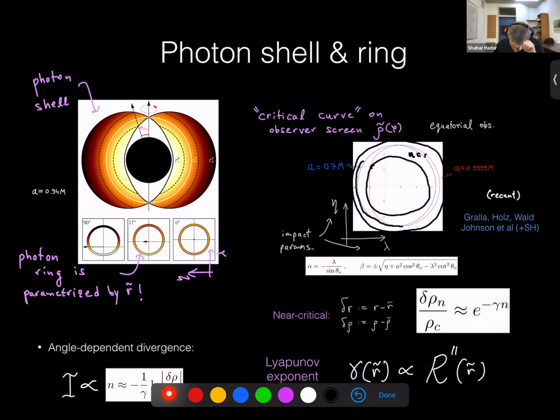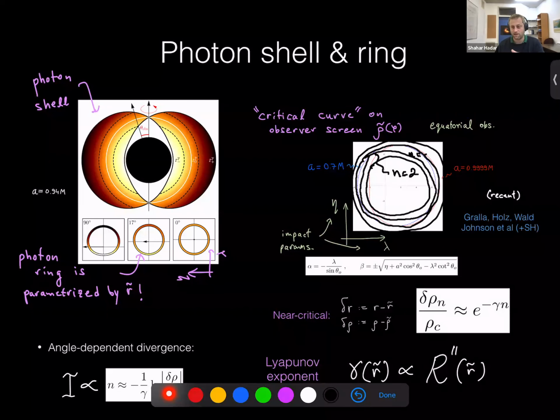And then we can draw a subring which is exponentially closer to the curve and call that n equals 2. Inside such a subring, only inside such a subring, you can get a photon that underwent 2 half orbits around the black hole. So there's a precise way to define all this.